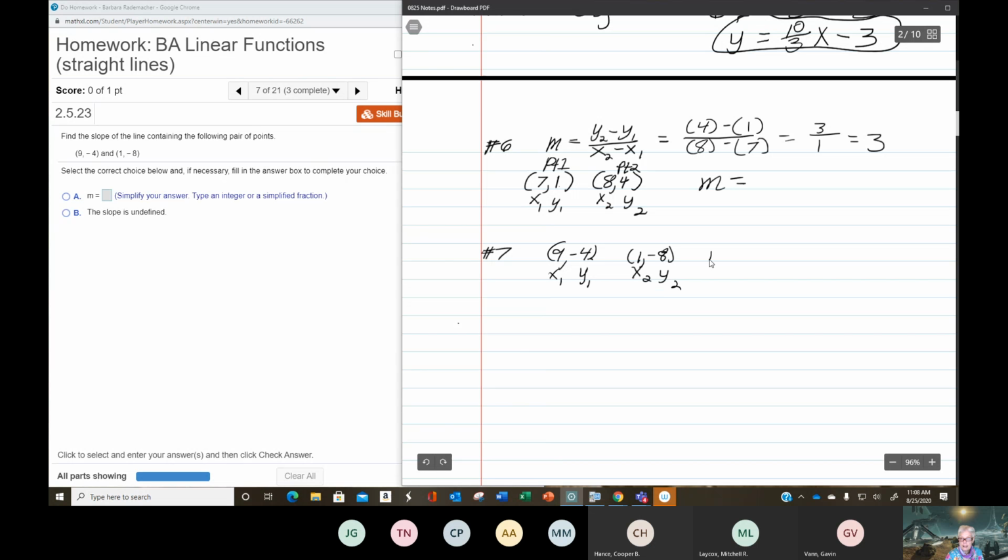And so I've got m equals y2. If you write it over and over again, you'll never forget it. Okay, y2 minus y1 over x2 minus x1.